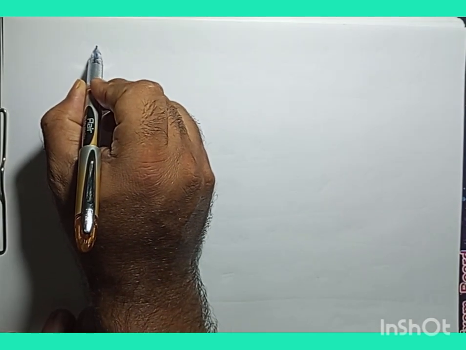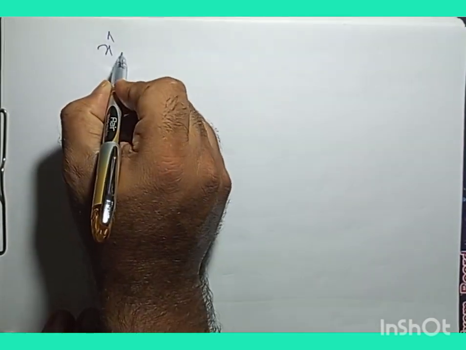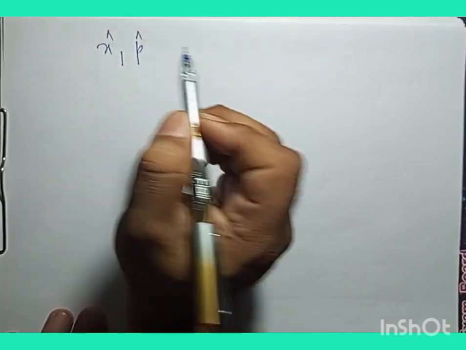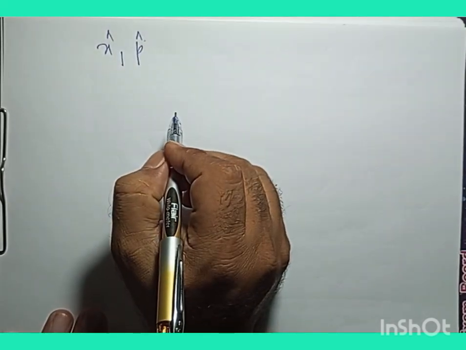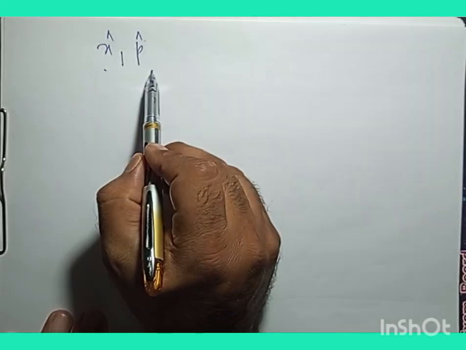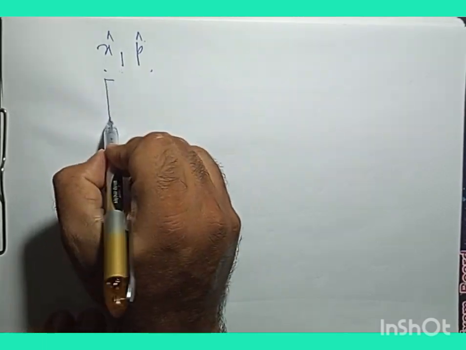Now, our aim in this video is to obtain the commutation relation, which is very fundamental in quantum mechanics because it has a bearing on Heisenberg's uncertainty principle. So to find the commutation relation between x cap, the position operator, and p cap, the momentum operator, we need to compute the commutator of x and p.